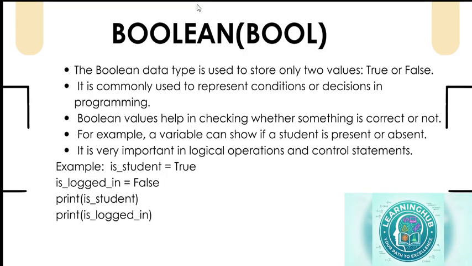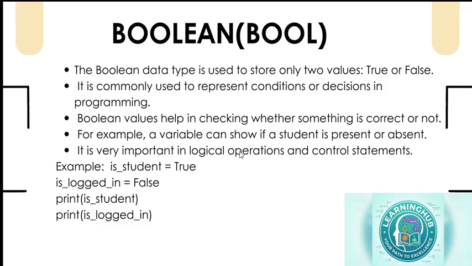Now let's talk about the boolean data type. The boolean data type is used to store only two values, true or false. It is commonly used to represent conditions or decisions in programming. Boolean values help in checking whether something is correct or not. For example, a variable can show if a student is present or absent.